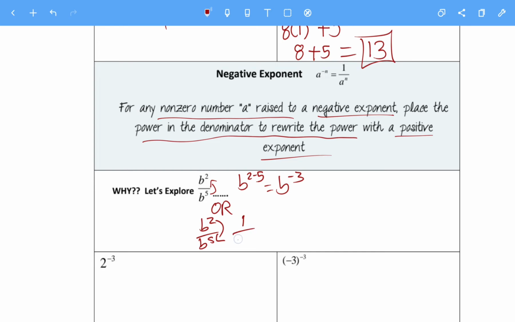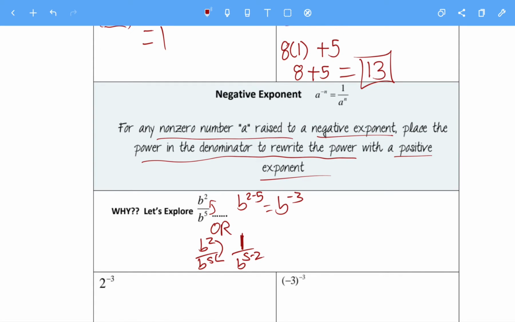So we get 1 over b to the 5 minus 2. That 1 is a placeholder, so we know that we're going to the denominator. And that's 1 over b to the 3rd power. So both of these are equal to each other. So b to the negative 3 is equal to 1 over b to the 3rd.